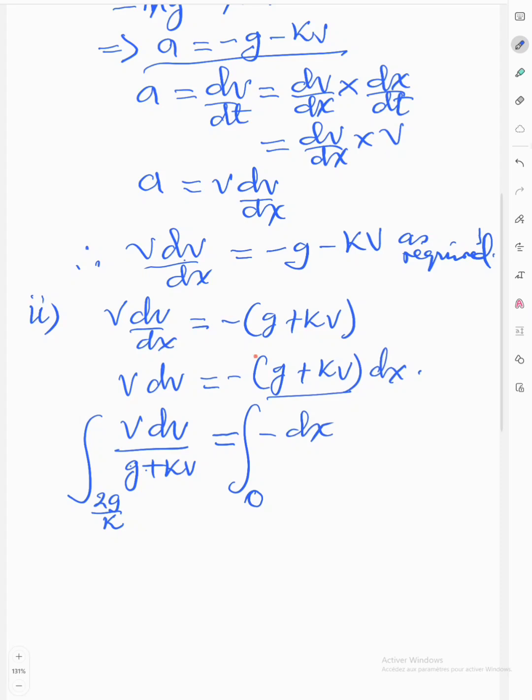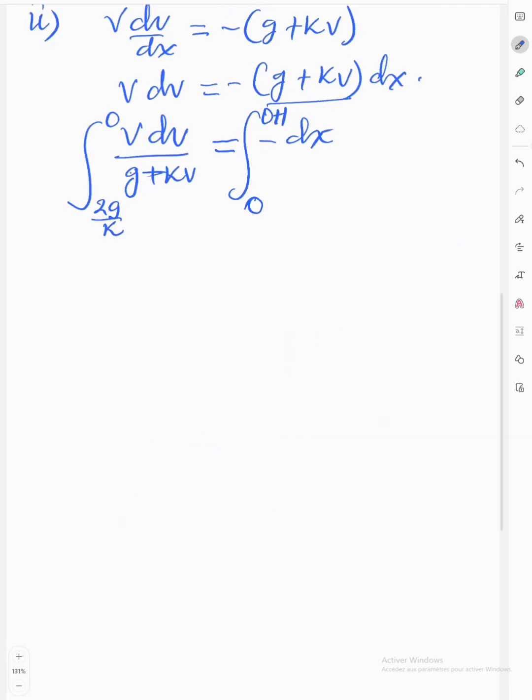Then when the particle reaches the maximum height, the speed would be 0, while the distance moved would be the distance from O to H, the distance OH that we are seeking to find. From here we have the integral from 0 to 2g over k of v dv over g plus kv equal to the integral from 0 to OH of dx.